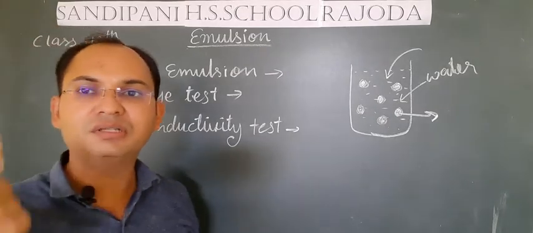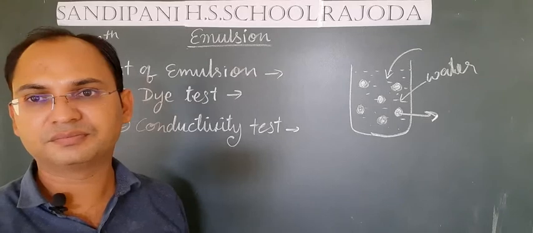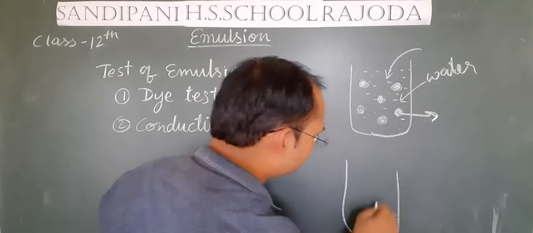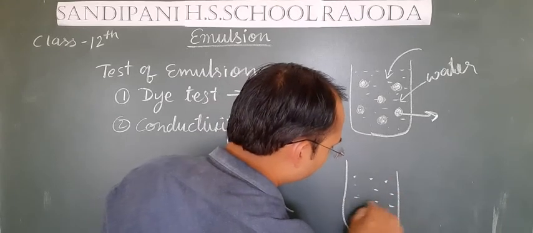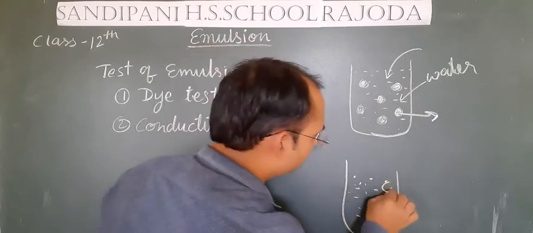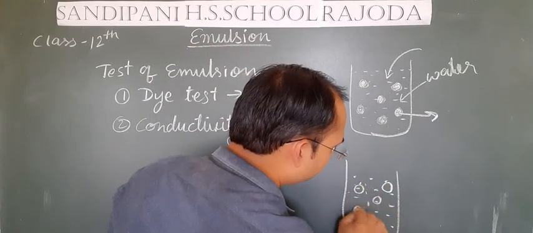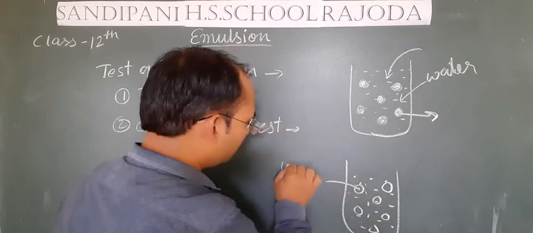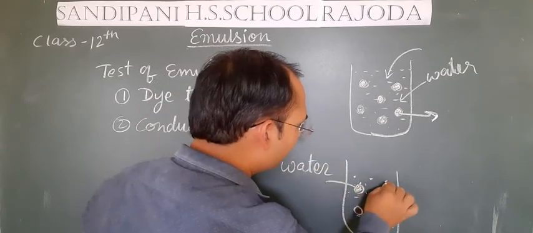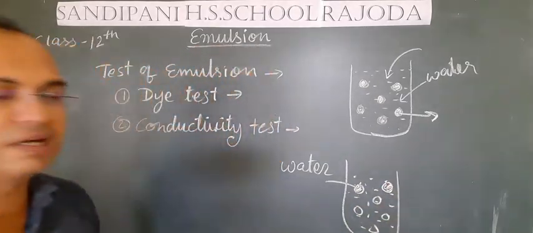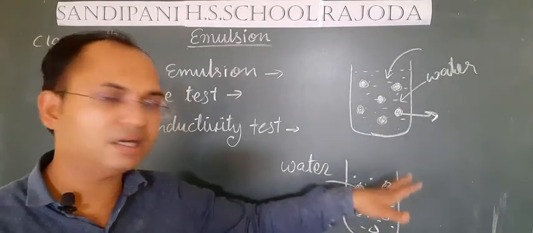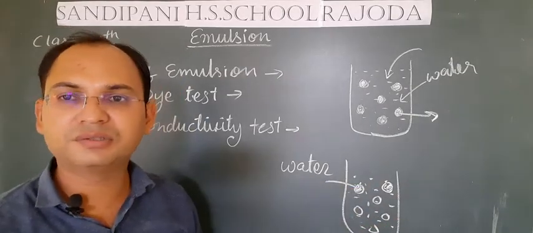But if we add the fat soluble dye in an emulsion, and if the whole solution gets colored, then this is the emulsion of water in oil, because fat soluble dye gets dissolved in fat and imparts the color to the whole solution.